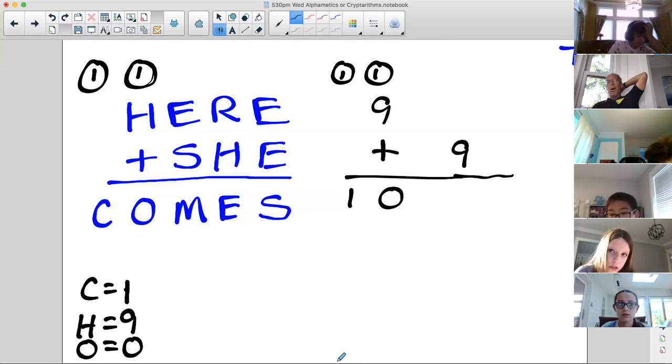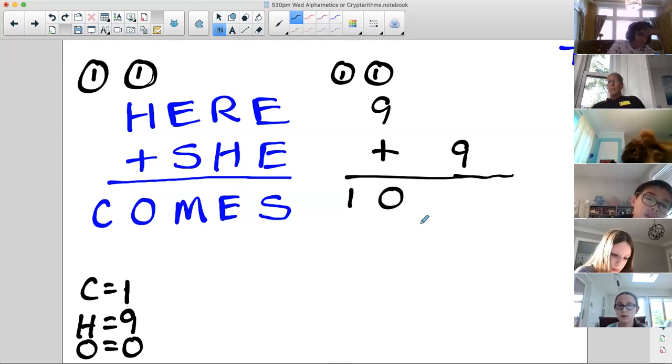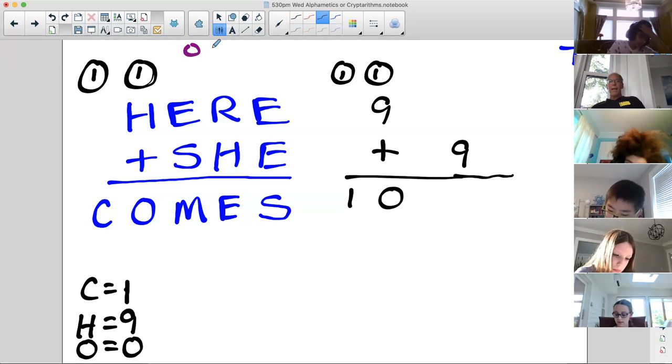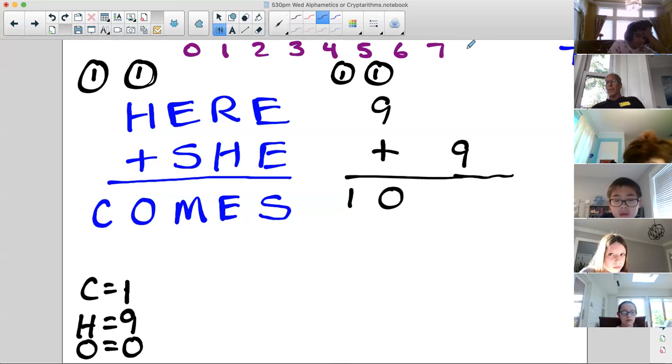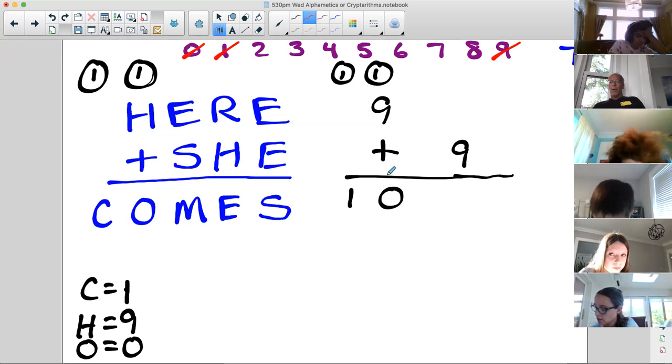Obviously E cannot be 1, 0, or 9. And another best practice, guys, is to write down the digits on the top of your page, so after you've used them, you can cross them out. It's a really helpful way. So we know that 0, 1, and 9 are the only ones that have been used so far.